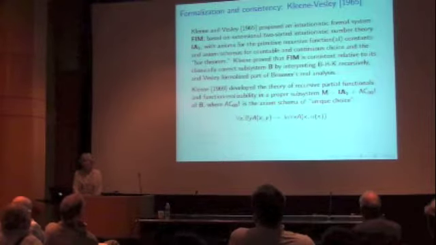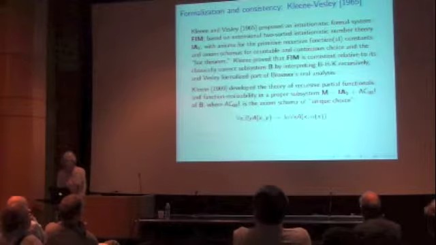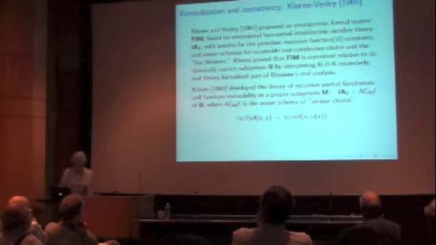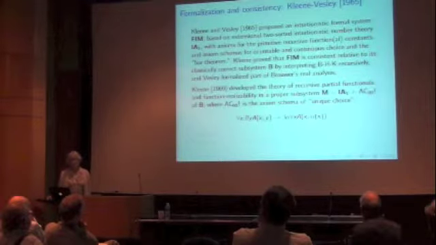Four years later, he published a monograph with the American Mathematical Society in which he developed the theory of recursive partial functionals and function realizability and a proper subsystem, a very small subsystem, of the basic classically correct part of FIM.